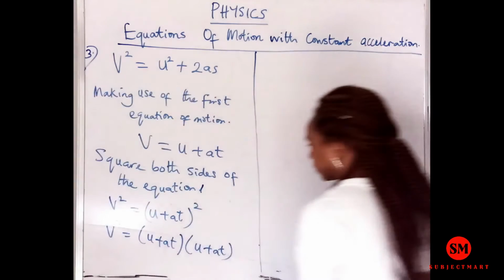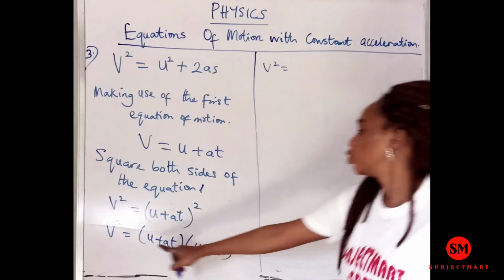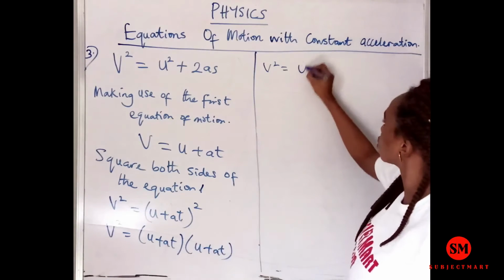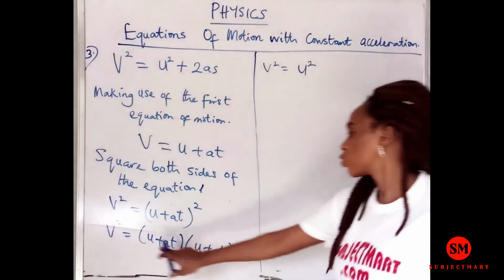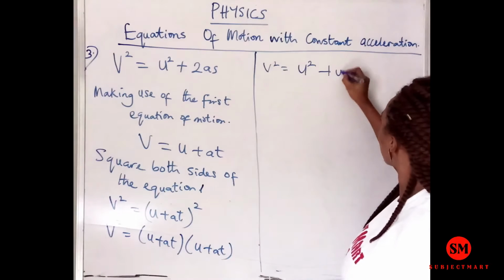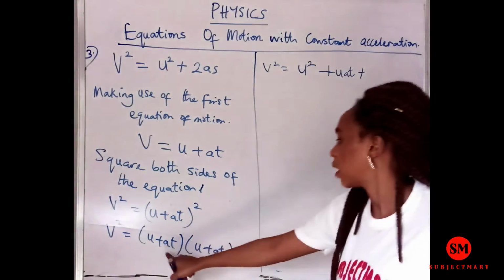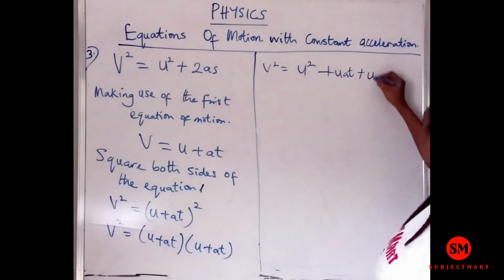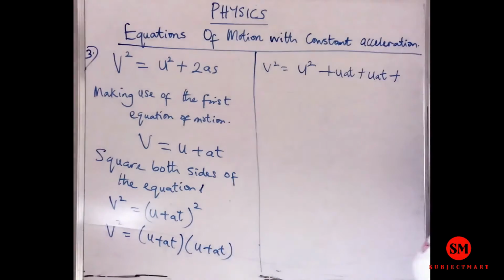So now v squared is equals to u times u will give us u squared. I'm trying to open the bracket here. So u times at, that will be uat, plus at times u, that will be uat also, plus at times at.